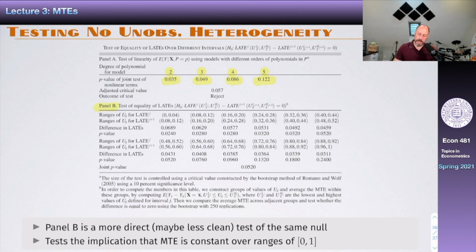So in panel B, what they do is test chunks of these functions. Instead of the derivative, they test for intervals, and they do that by using these LATEs. Imagine you partition the support into intervals. These are the intervals over here: 0.0 to 0.4, 0.8 to 0.12, 16 to 20, and so on. Then you test the hypothesis that the LATE from these 2 points to the next 2 points are exactly the same.